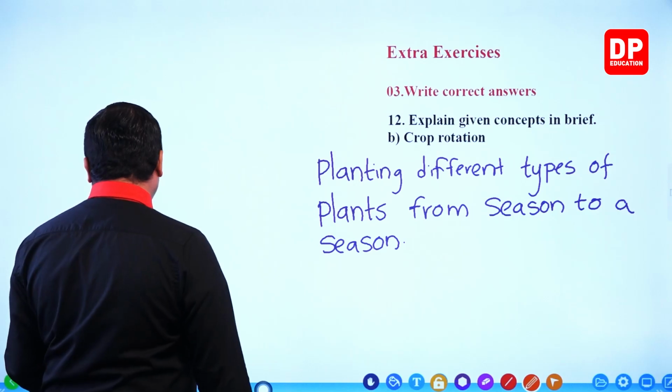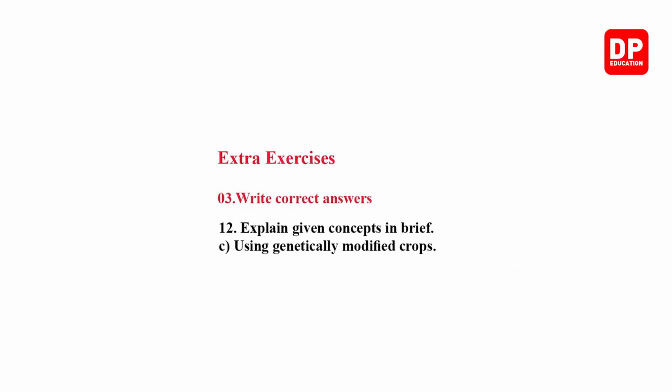Okay. Next one. Using genetically modified crops.